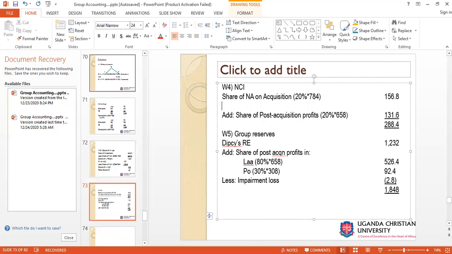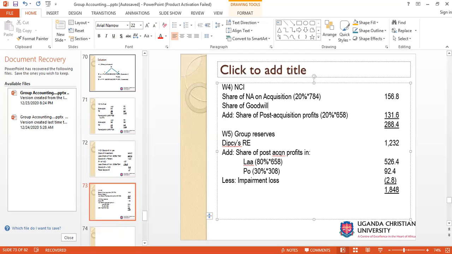There is an additional item we never put here. That is goodwill, share of goodwill. Why? Because it is part of the asset. If we follow the fair value method or full goodwill method, that method gives goodwill to the two entities.